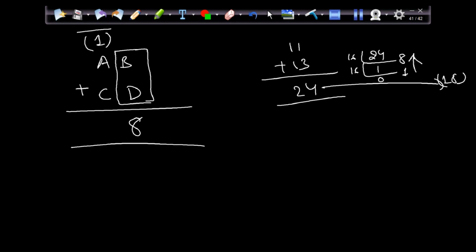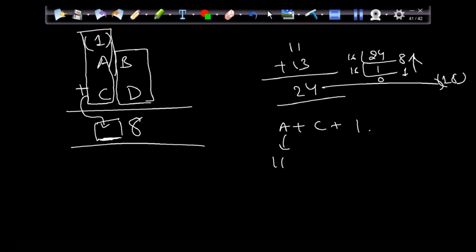At this position now we have to do the addition along with the carry, to get what the digit would be in the result. So basically you have to do A plus C plus 1. This is 10 plus 12 plus 1, which is nothing but 23, right?